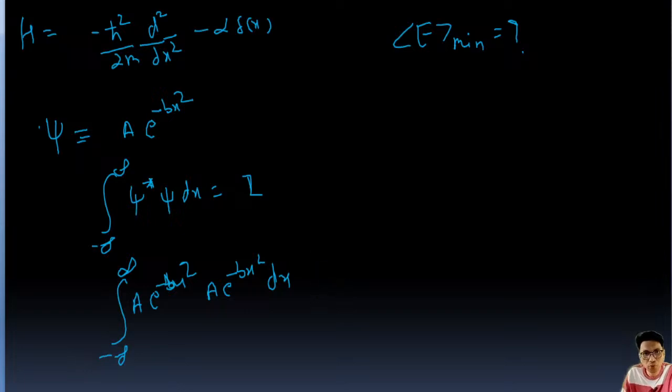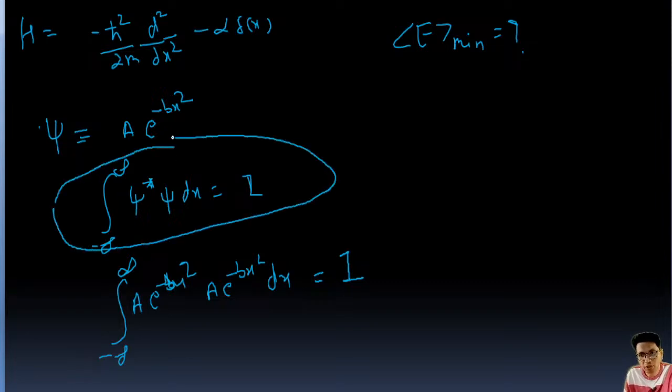I hope you know how to normalize the wave function. So this is the normalization condition. This is going to be integration, and mod A square is going to be outside.